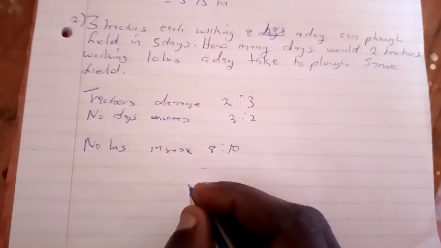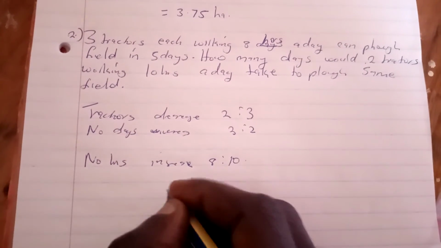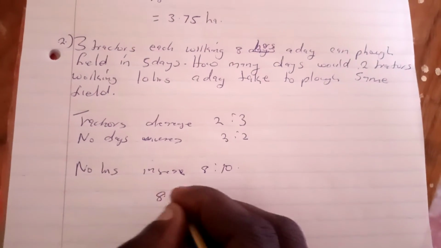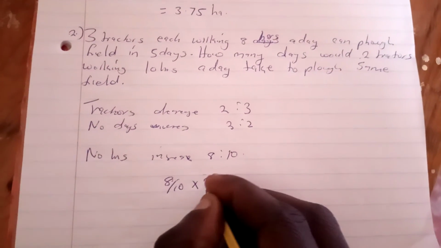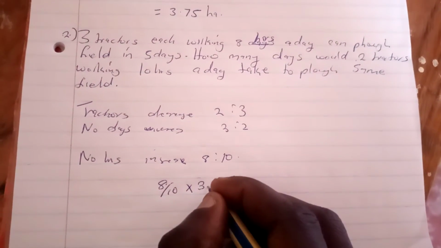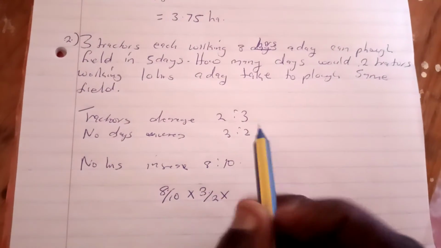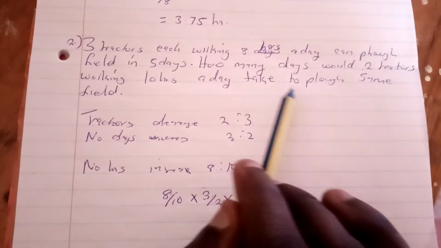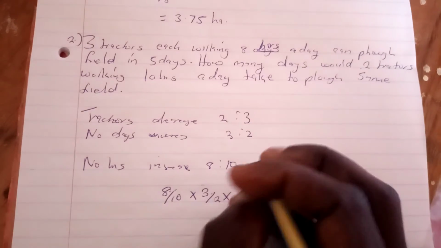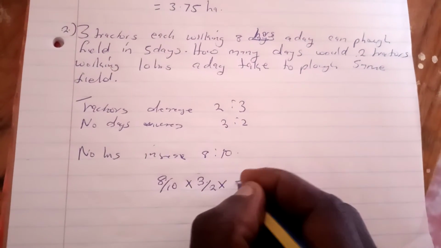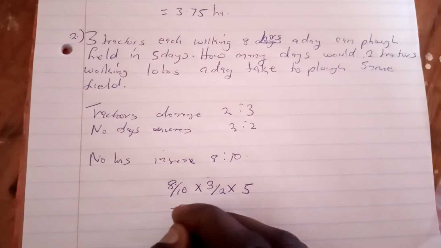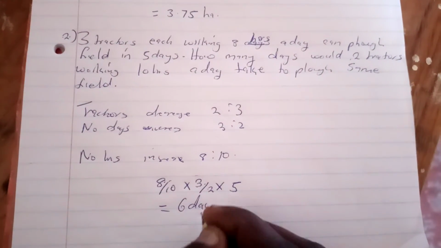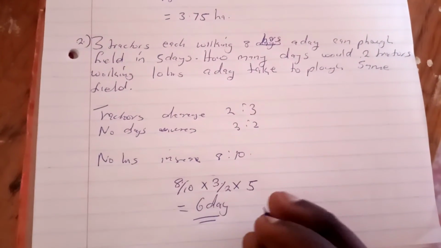So the number of hours will be 8 over 10 times the new ratio of number of days changes, so it will be 3 over 2 times 5 days, and the answer will be 6 days. It will take 6 days.